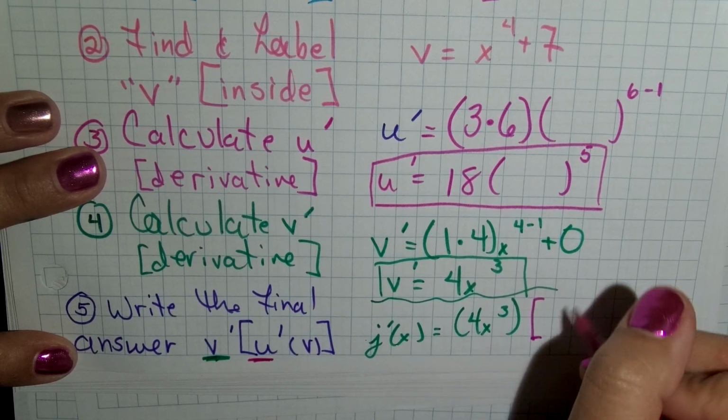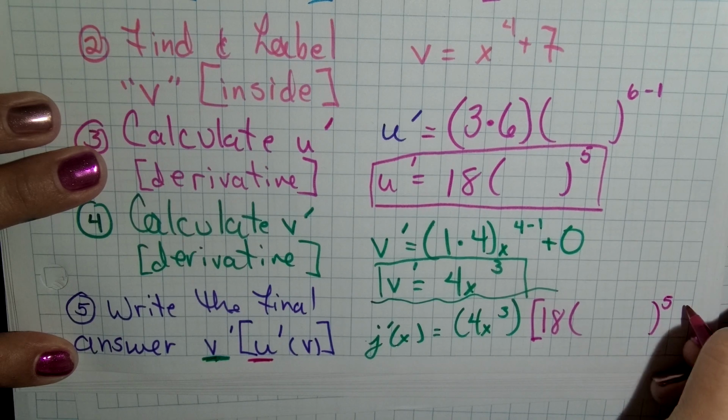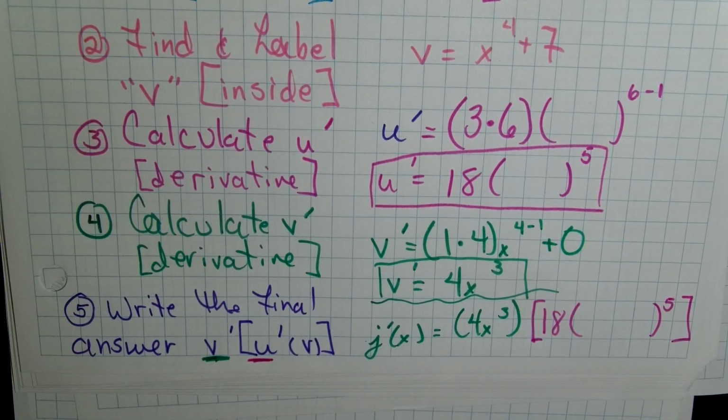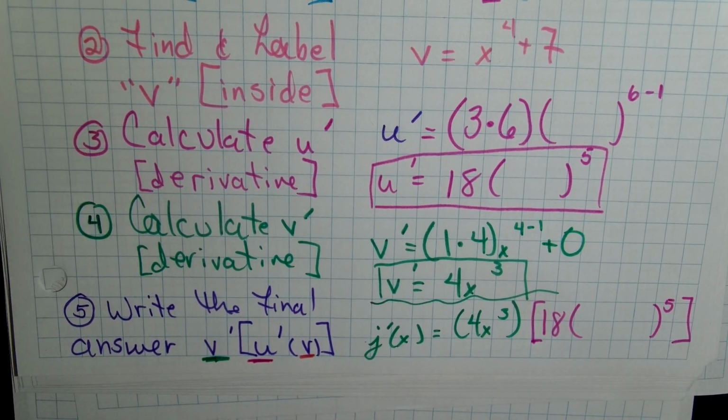So we have 4x cubed times the quantity of 18 times the quantity of something raised to the 5th power. That's u prime. And then, last but not least, you put in the original v. This is why it's very important to label all of your steps correctly, so you know how to put it in the formula.